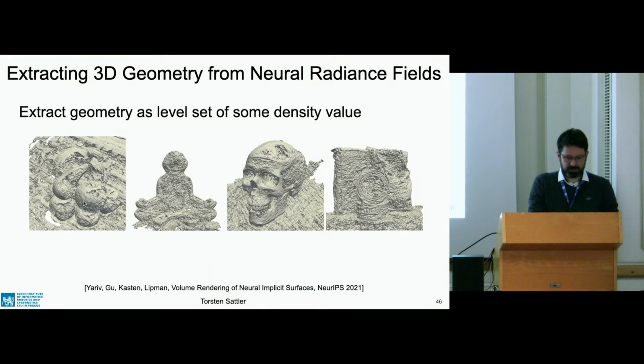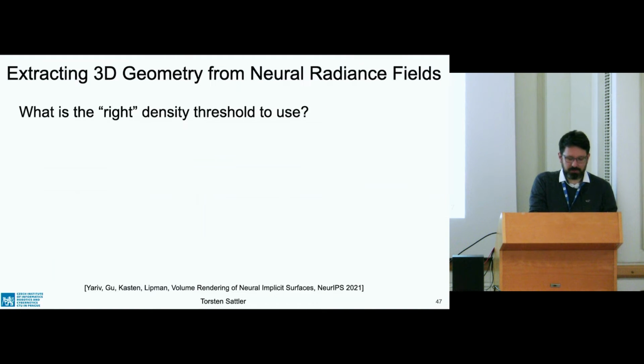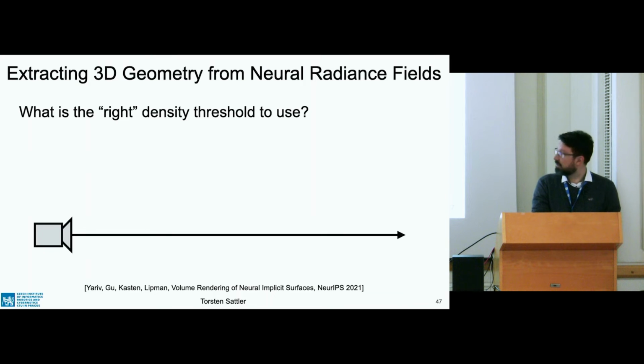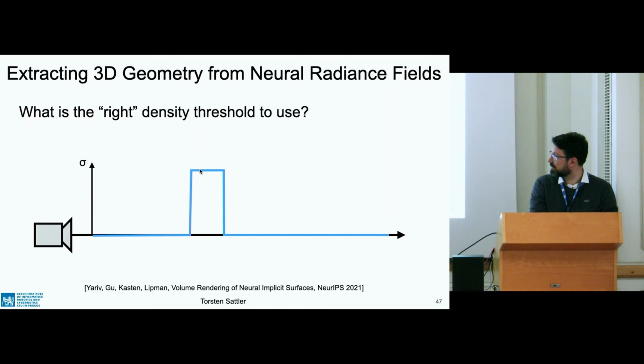The reason is that defining geometry as a level set of some density value is not a well-defined way of getting geometry. Think of it this way. You have your ray, you have the volume density that you have estimated, and that's essentially your surface. You would like to have a peak here.